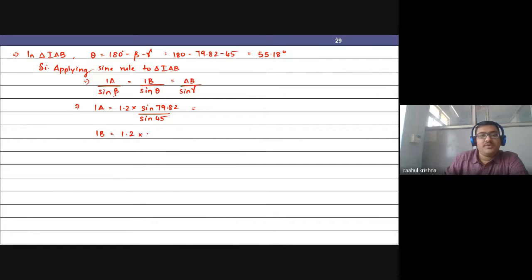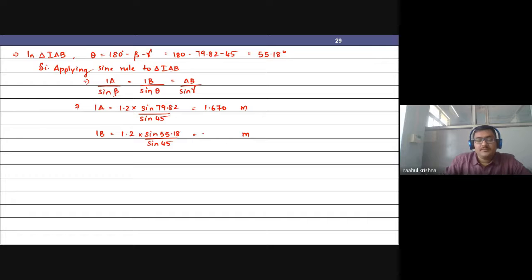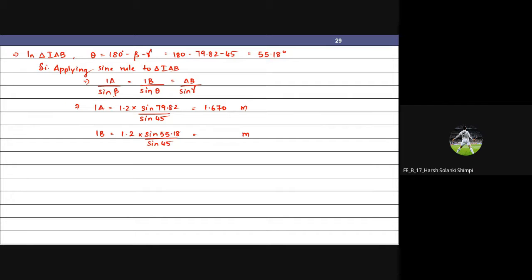IB will also be 1.2 into sin 55.18 upon sin 45. Both those lengths will be in meters. So IA is 1.670. Okay, IB is 1.39.